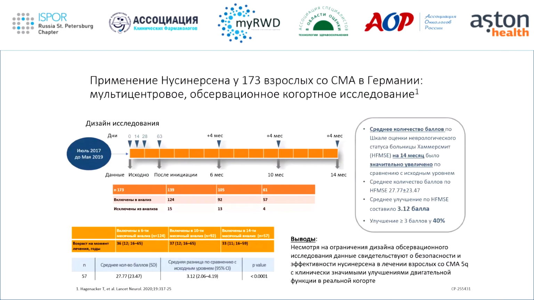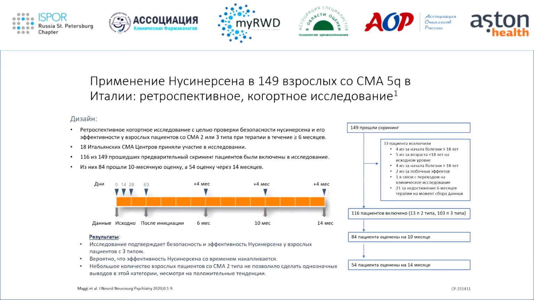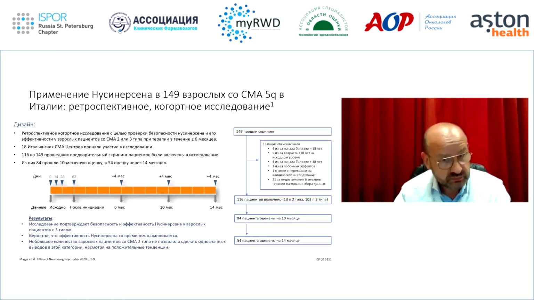That's extremely important. It's important to understand that our RWD allow us to achieve this result. This is an Italian trial, almost 150 adult patients with 5Q SMA, mostly patients with SMA type 3, and you can see one third of the patients had a 14-month treatment.